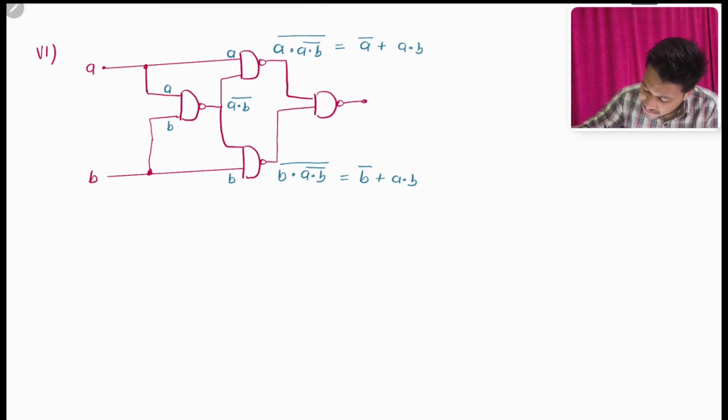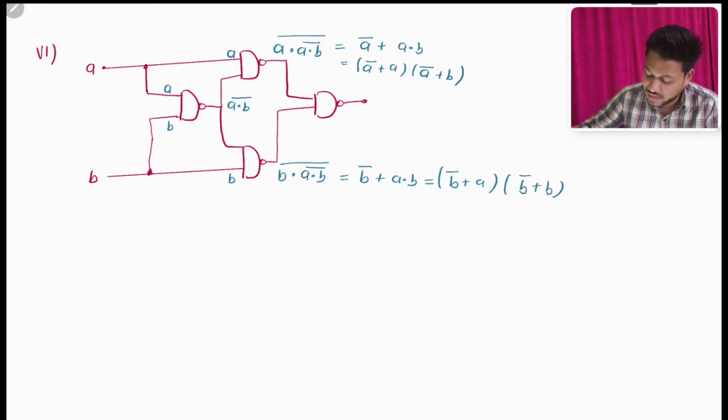So it will be A bar plus A. First we will use this and then this, A bar plus B. Okay, same use here, B bar plus A and B bar plus B. Okay, now we know that this will be 1 and this will be 1 because A bar plus A is equal to 1, B bar plus B is equal to 1.